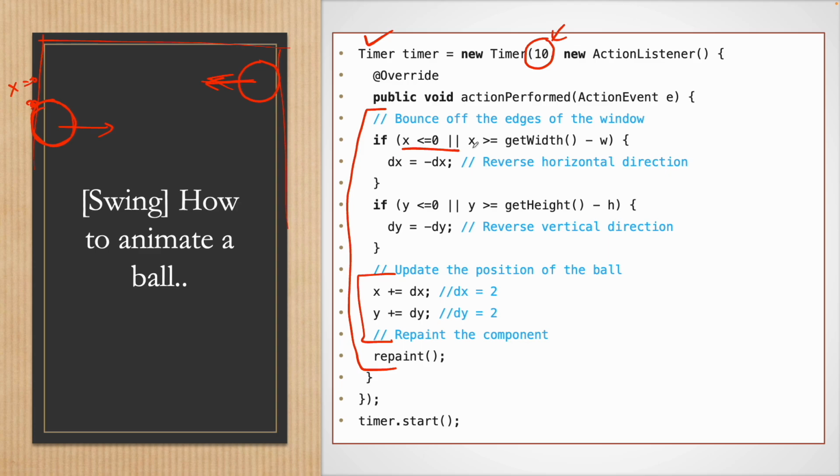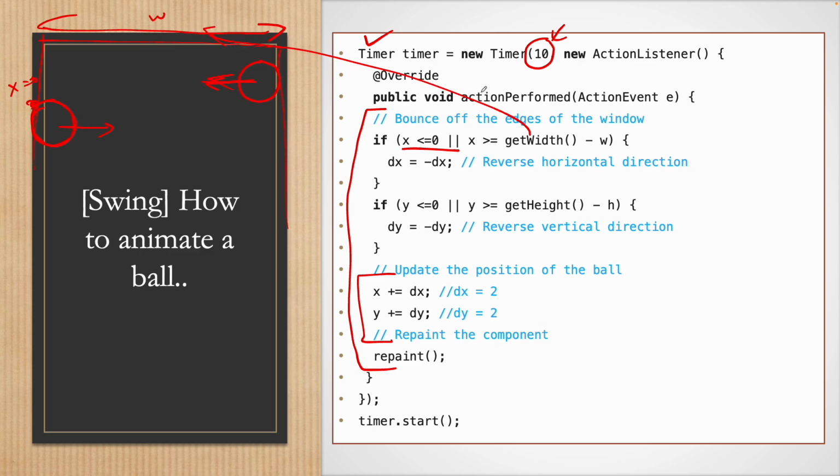Or when x is greater than or equal to getWidth subtract w. So getWidth will basically give you the size of the JComponent where the ball is drawn on. So this is basically the width of the component.